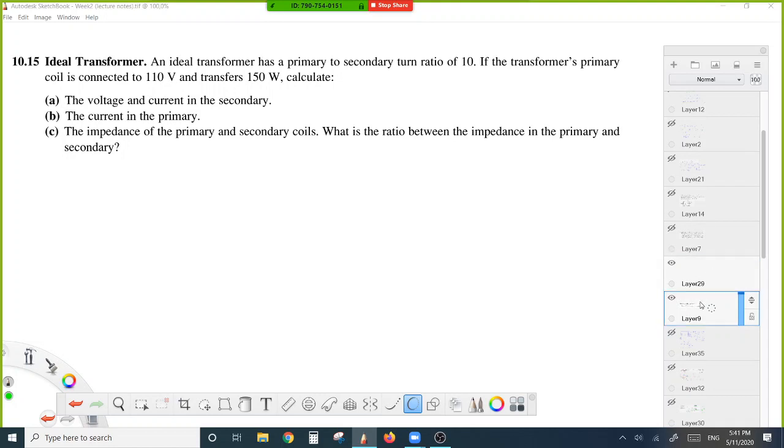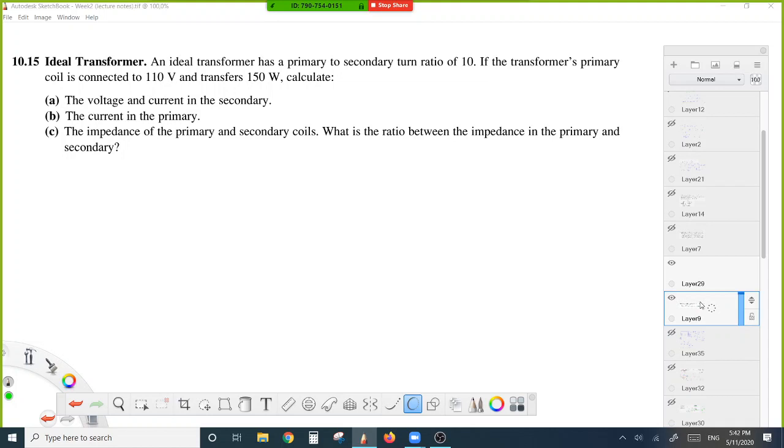An ideal transformer has a primary to secondary turn ratio of 10. If the transformer's primary coil is connected to 110 volts and transfers 150 watts, calculate the voltage and current in the secondary circuit, the current in the primary circuit, and the impedance of the primary and secondary coils. What is the ratio between the impedance in the primary and secondary coils?